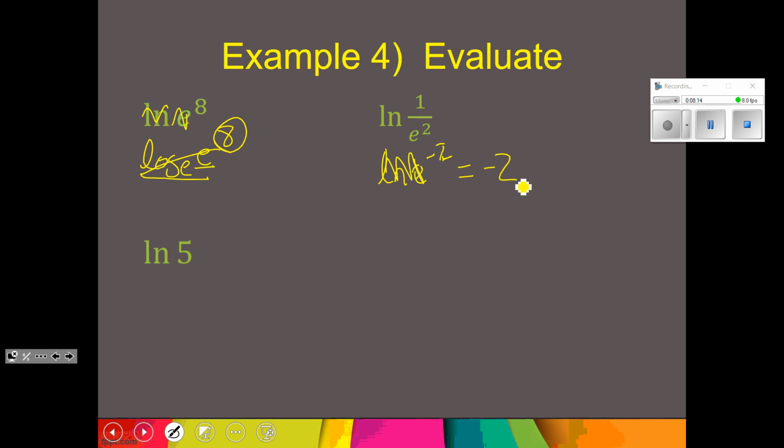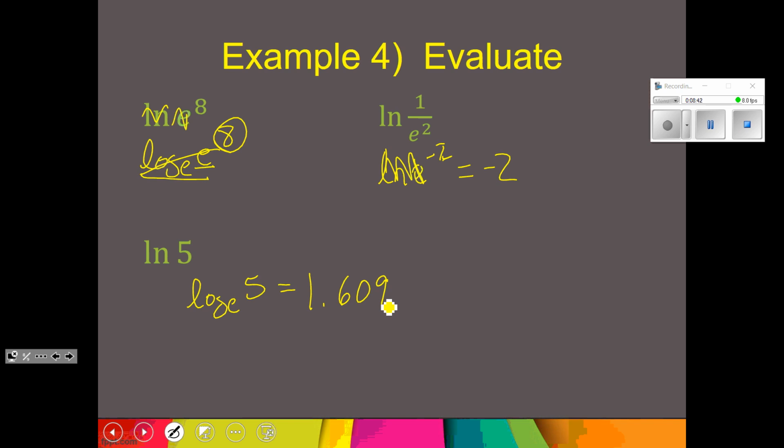And then the ln of 5, that's log base e of 5. There is no shortcut for that one. You will just have to put it into your calculator, and you can put in the ln of 5, and I believe it gives you 1.609, and you can just round it there.